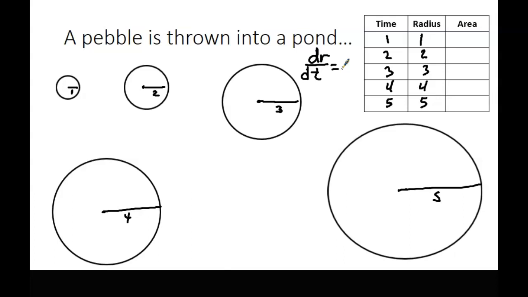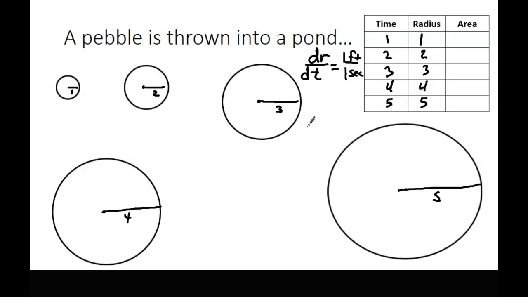It's going up 1. I didn't give you any units, so let's just say it's feet. It's 1 foot per what? For every second that goes by, the radius goes up 1. So dr dt, the rate of change of your radius with respect to time, is 1 foot per second.